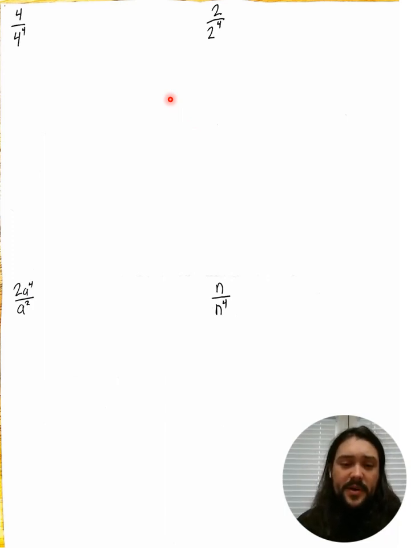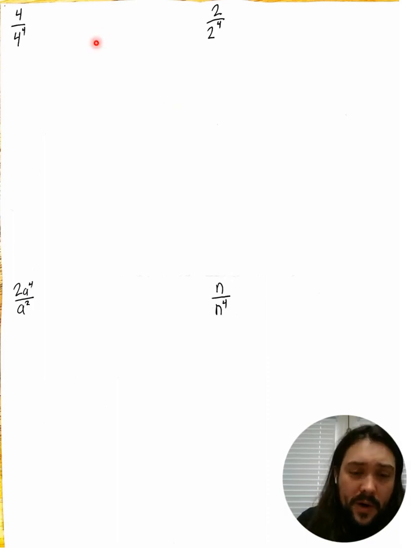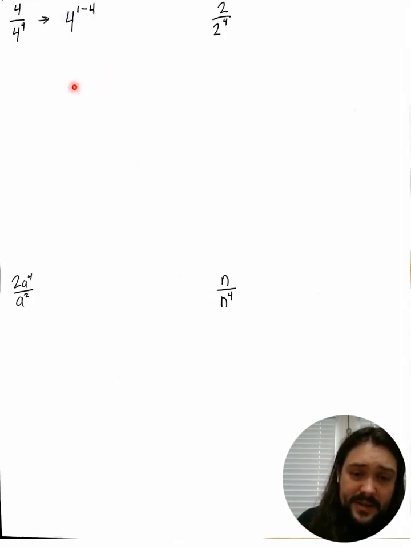So looking at this first one, we have 4 over 4 to the 4th power. This top one, we take the base. These bases are the same, 4 and 4. So you combine the bases. 4. The exponent of the numerator is 1.